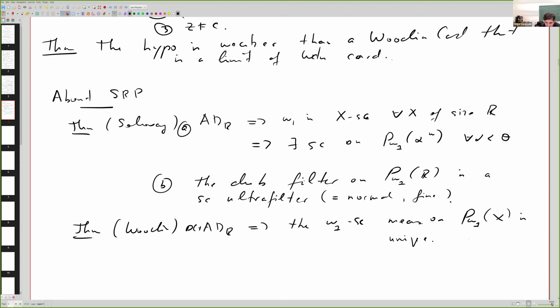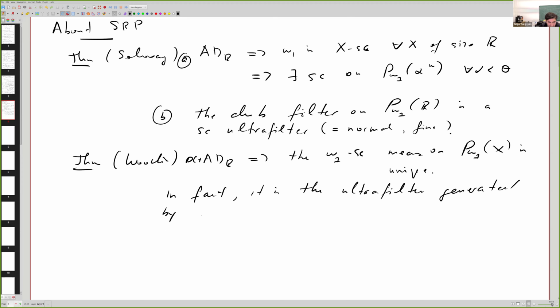But I mean, there's a nice characterization. It is the algebra generated by, well, I don't know what the uniform terminology is, but you can call them quasi-clubs.